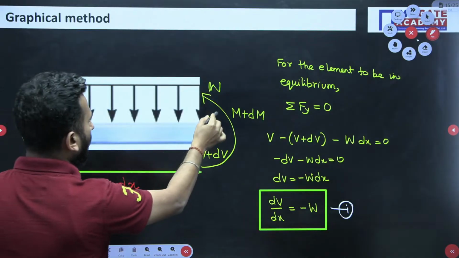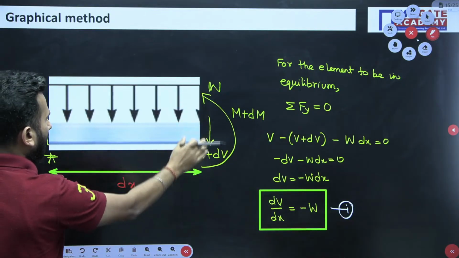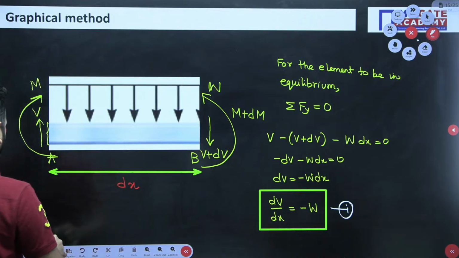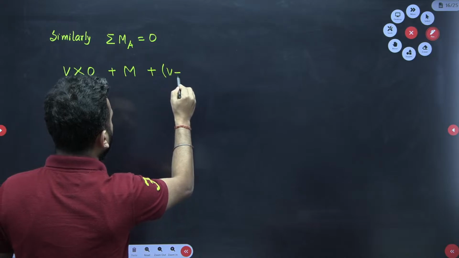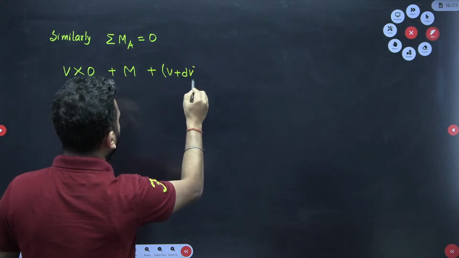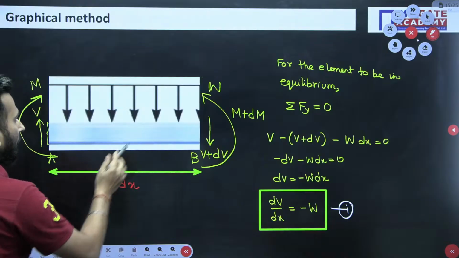Then what are the forces? Now due to V plus dV, so V plus dV into dx, that is the moment due to this shear.